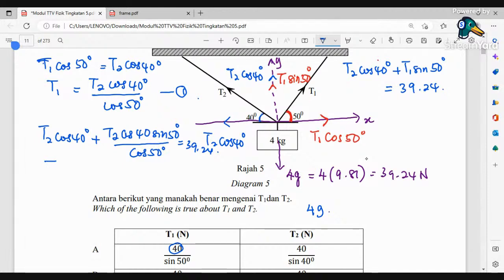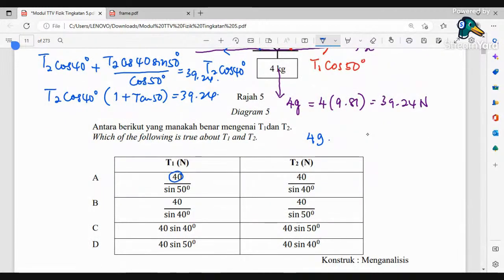So I will have T2 cos 40. I think there's no answer given here for this one.